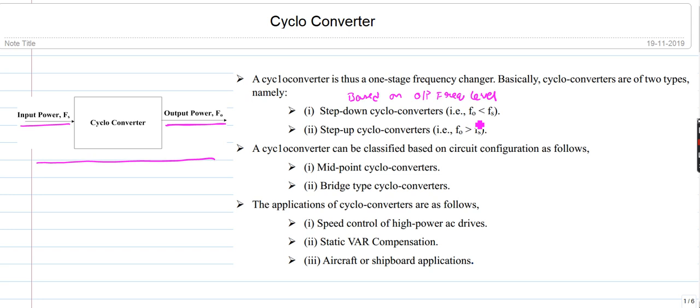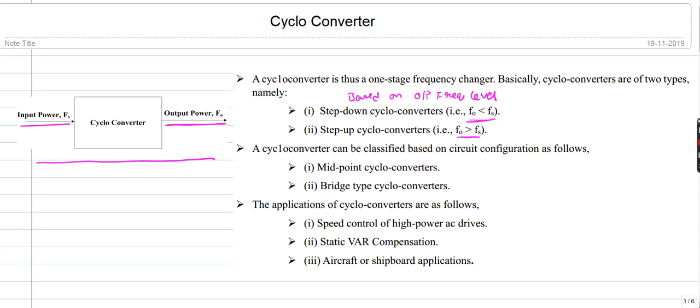If the output frequency is less than the source frequency, we call it a step-down cycloconverter. On the other hand, if the output frequency is greater than the source frequency, we call it a step-up cycloconverter. Similar to your step-down transformer and step-up transformer, where the voltage level is changing, here the frequency level is changing. So step-up cycloconverter and step-down cycloconverter.